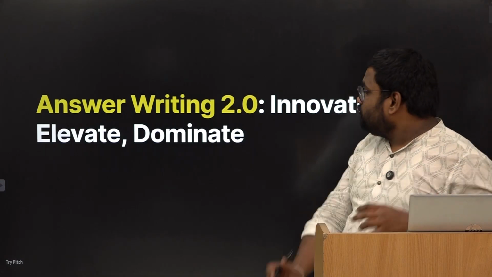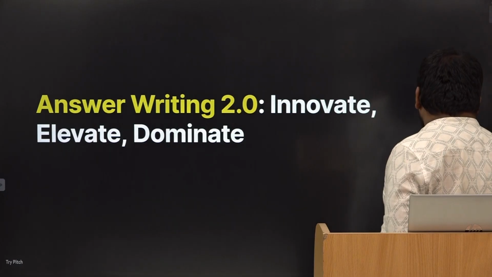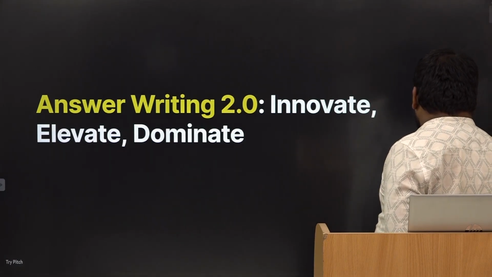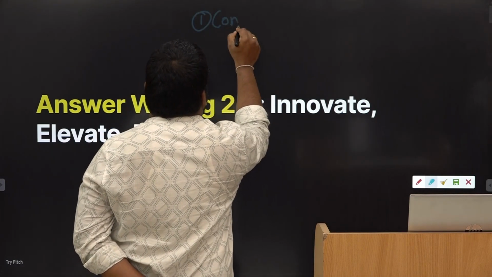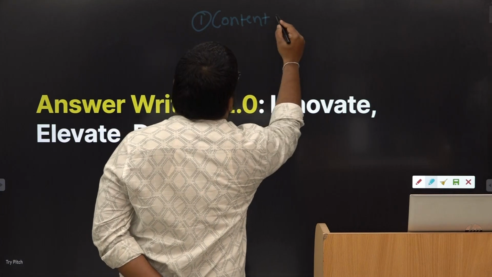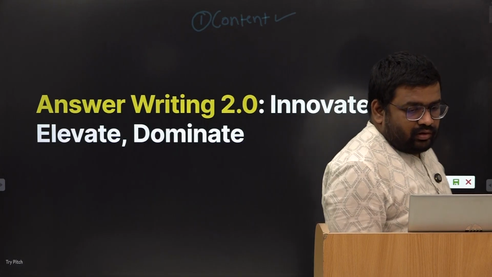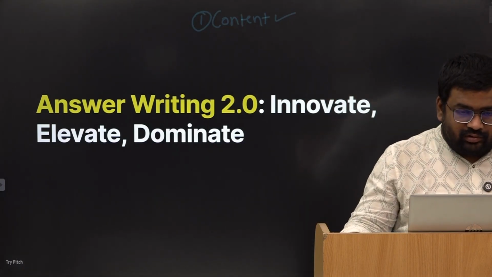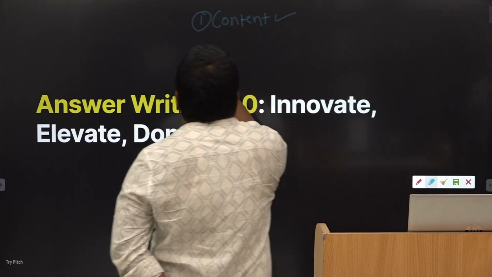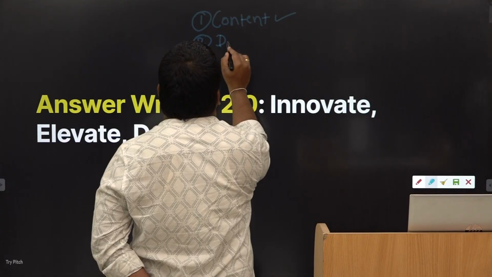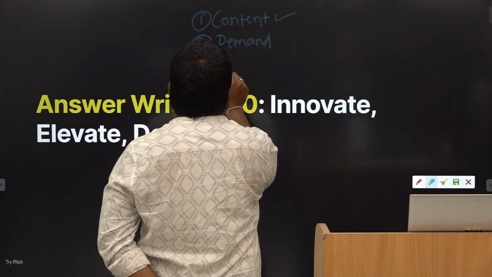In today's session of the conclave, we'll be dealing with one of the important aspects of answer writing, that is the presentation. In the previous session also we have seen the 4 core aspects of answer writing. The first one being the content, which we have already dealt with in our X factor notes. The second aspect is the demand understanding. The third, structuring.